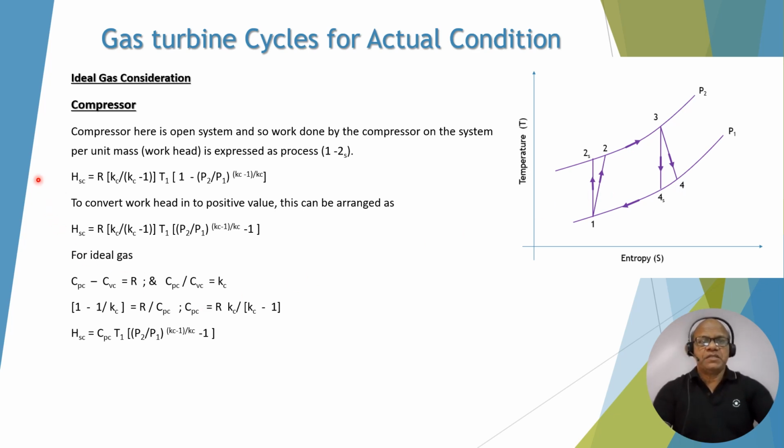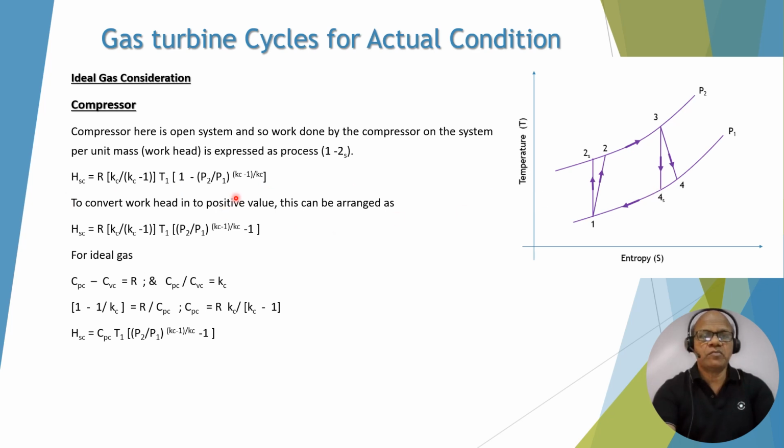Since the compressor is an open system, the work done by the compressor on the system per unit mass, which is also called work head, is expressed for the process 1 to 2s. We can write HSC, where C stands for compressor, is equal to R Kc upon (Kc minus 1) into T1 into [1 minus (P2 by P1) to the power (Kc minus 1) upon Kc], where Kc stands for the specific heat capacity ratio Cp by Cv for the compressor.